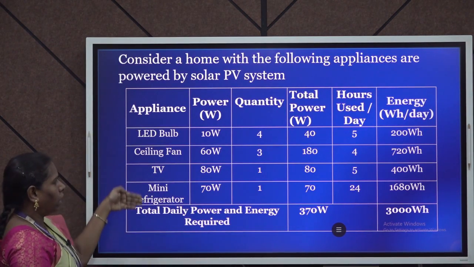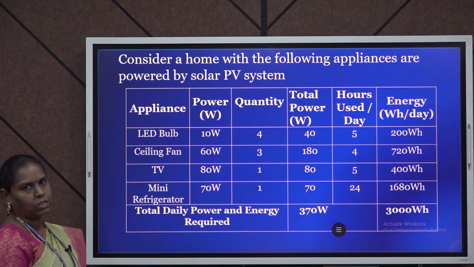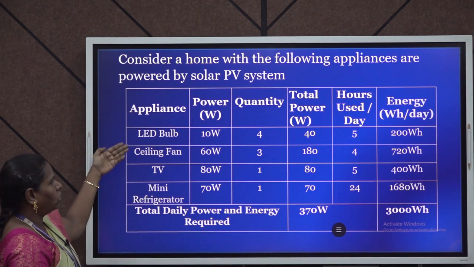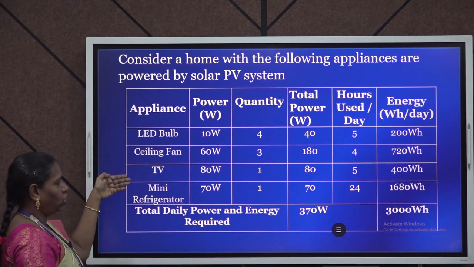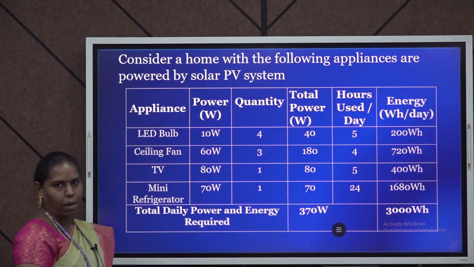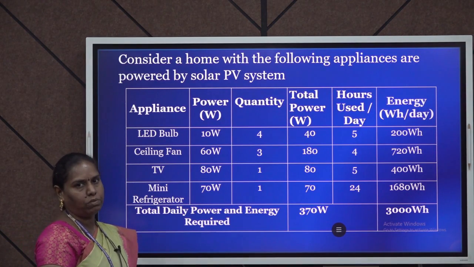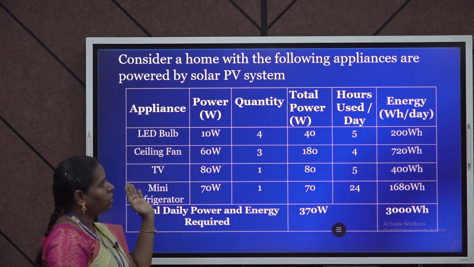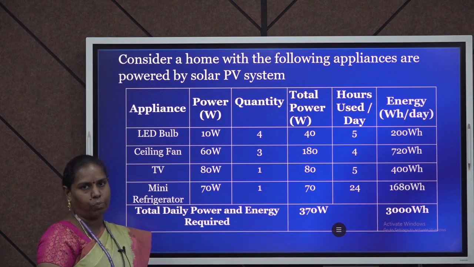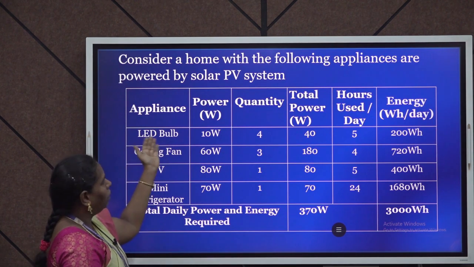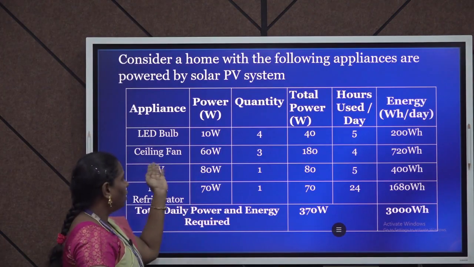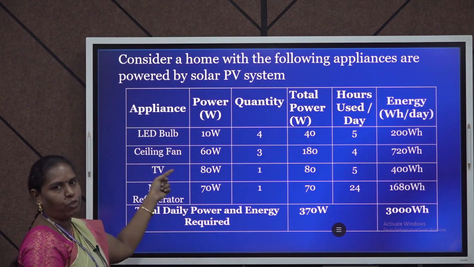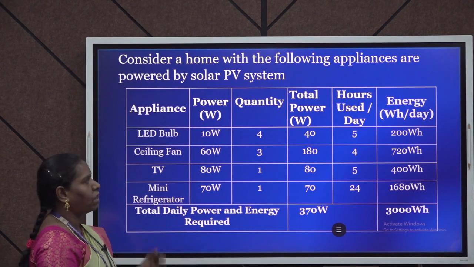These are the appliances: LED bulb, ceiling fan, TV, and mini refrigerator. Then we have to consider the power rating for each and every component. For example, the LED bulb is 10 watts, the ceiling fan 60 watts, the TV 80 watts and the mini refrigerator 70 watts.